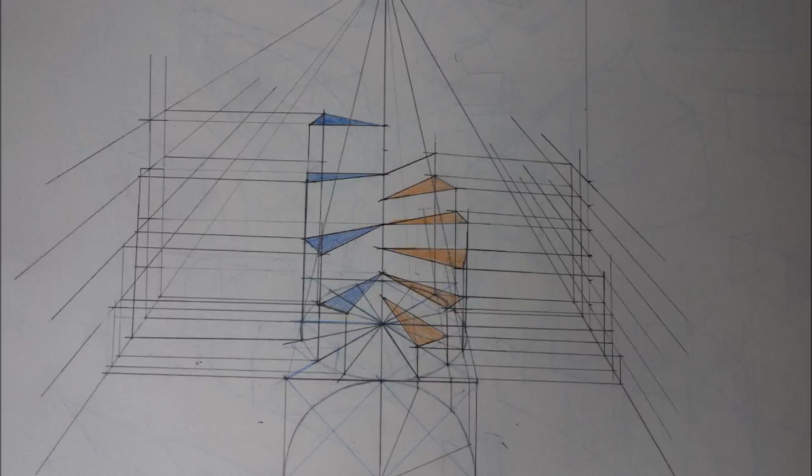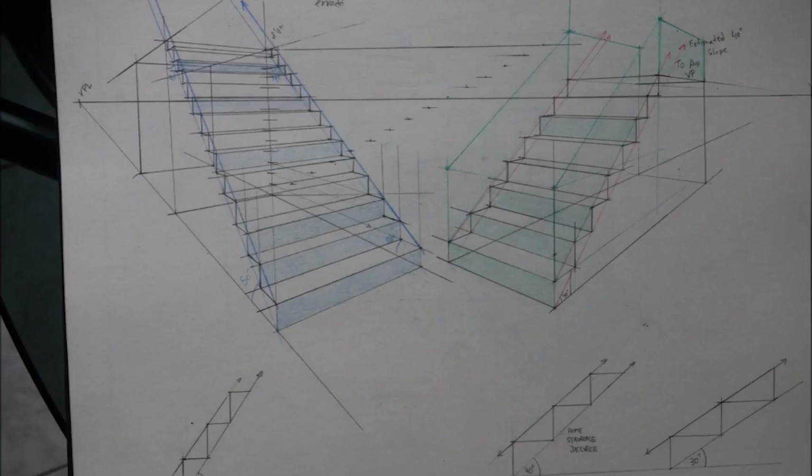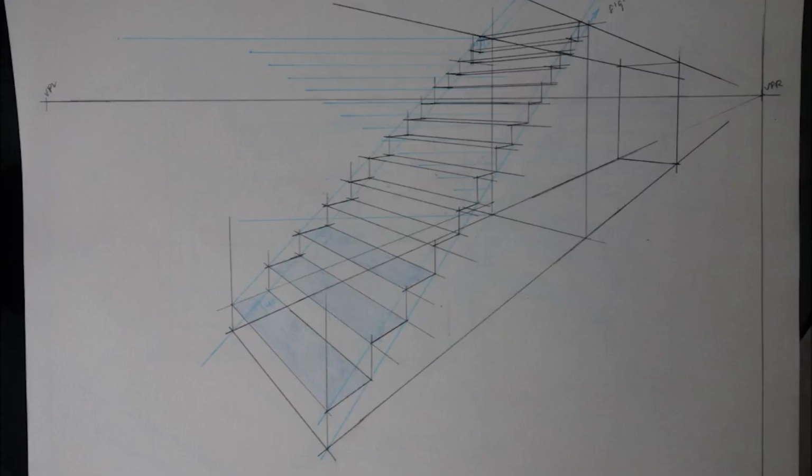Another spiral staircase, different sizes in different directions, just for experimentation. I love building staircases in perspective because it's technical, but it's beautiful at the same point. When you get that right, it's really interesting, the final result.